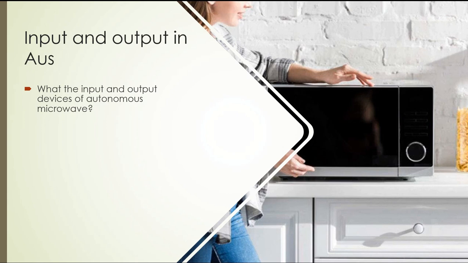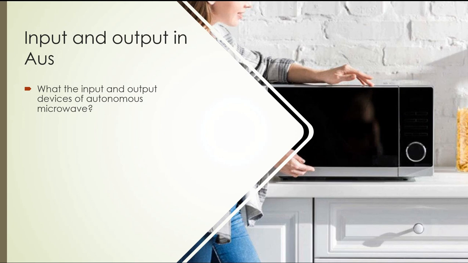It will check what kind of food and the weight of the food, and based on that it will start, and turn off and on based on the type and weight of your food. So guys, if we talk about the input, what input device do we have in this system?